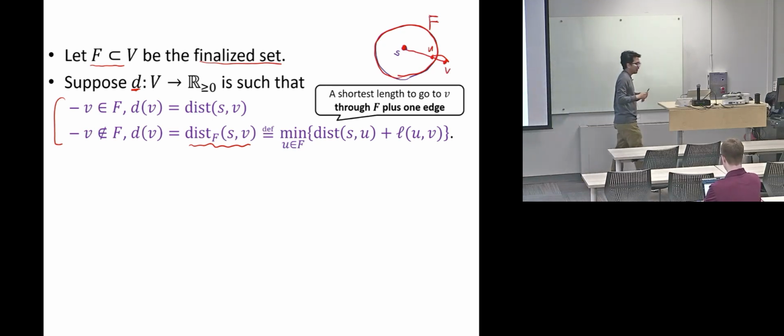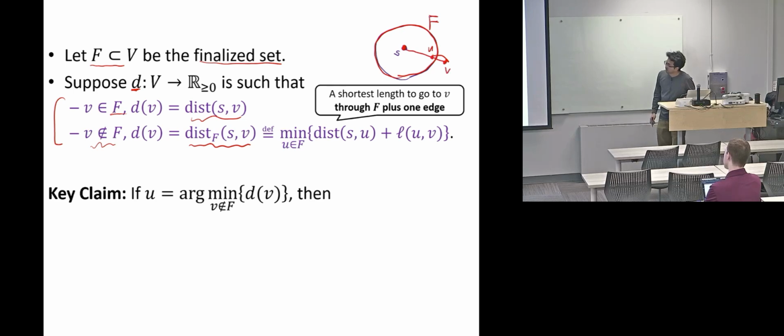So the distance with respect to F can be more than the real distance. But now, everyone in F, the finalized ones, we're going to make sure they have the correct distance, while the ones that are not finalized are maybe not done. But the key claim is this.